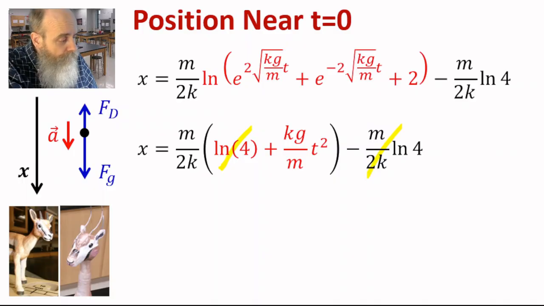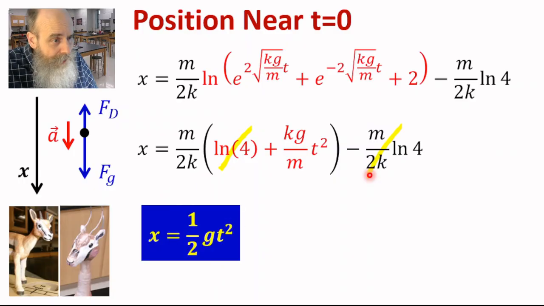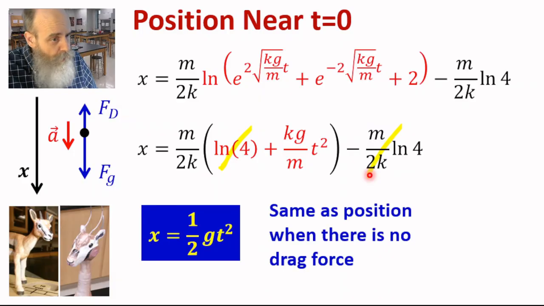So we are left with x equals 1/2 gt squared. Same as position when there is no drag force. When there's no drag force, acceleration is just g, and from the kinematic equation, we get x is 1/2 gt squared. This complicated function looks very simple when we make that expansion near t equals 0.